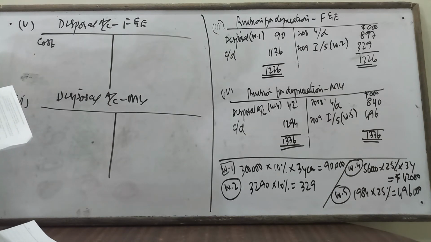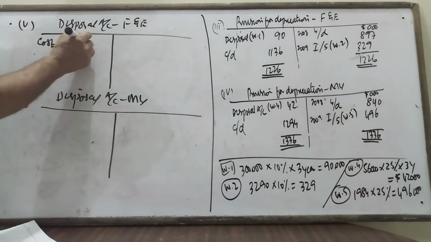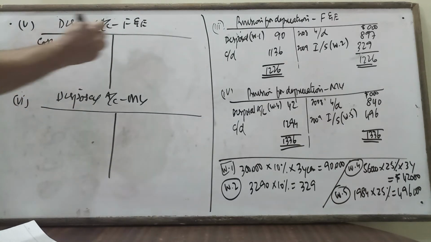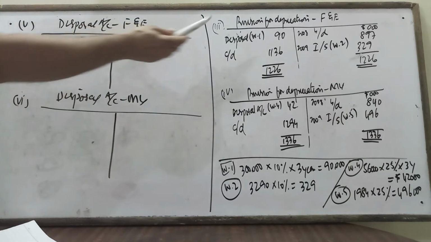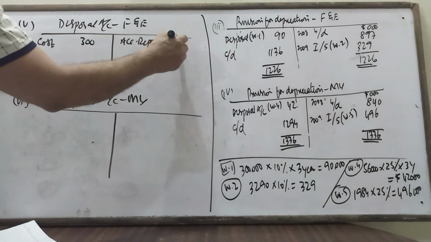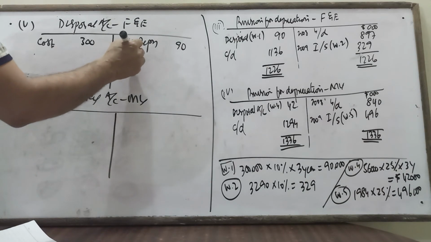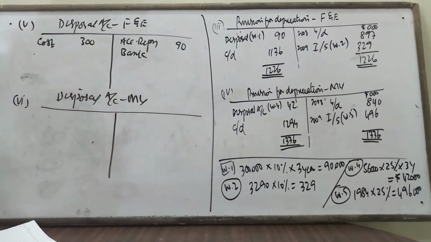Okay, 300,000, and the accumulated depreciation on disposal, which will come from here, is 90,000. Here you can record the selling price. The equipment was sold for 132,000.